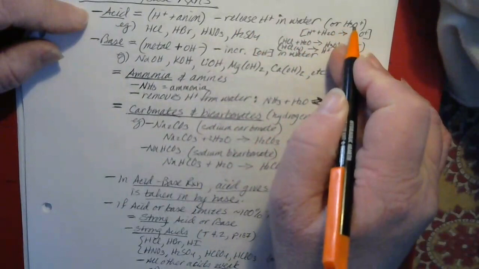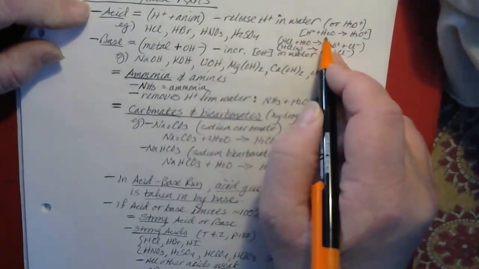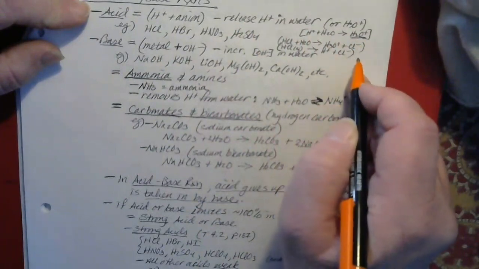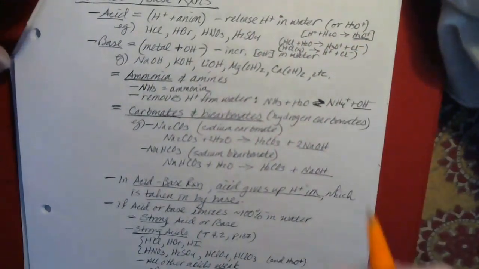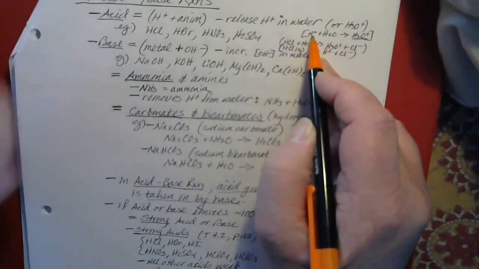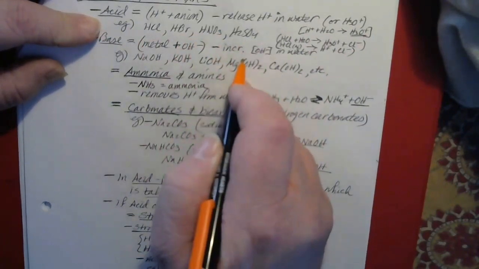Sometimes that's written as H3O plus, because what happens when you release an H plus ion in water is that it will combine with water molecules to form the hydronium ion, which is H3O plus. So sometimes it'll be written as H plus aqueous, and sometimes it'll be written as H3O plus. And so again, some examples of acids would be HCl, HBr, HNO3, H2SO4, and so on.